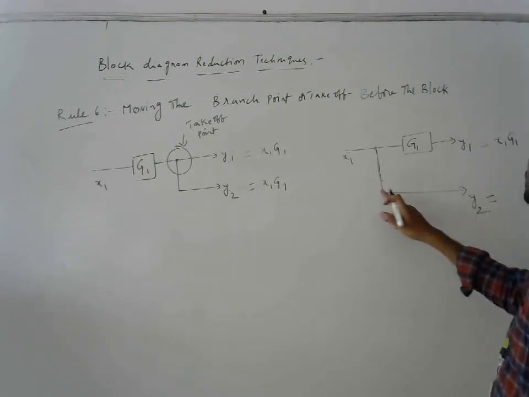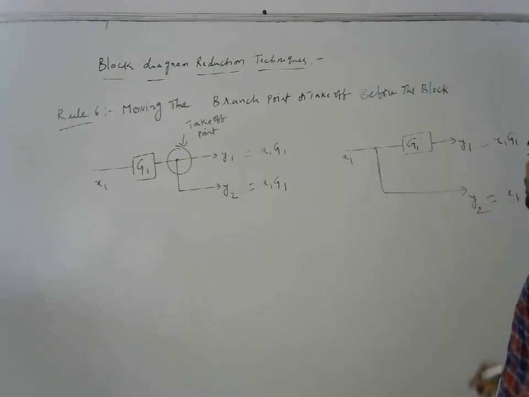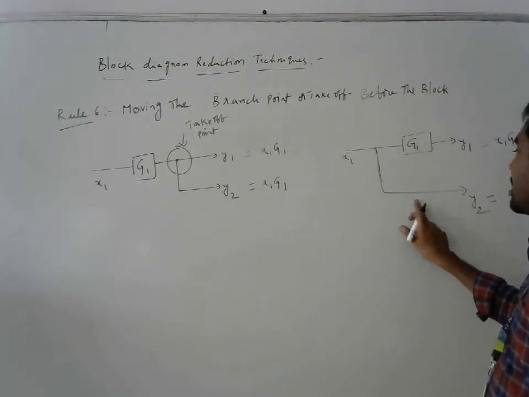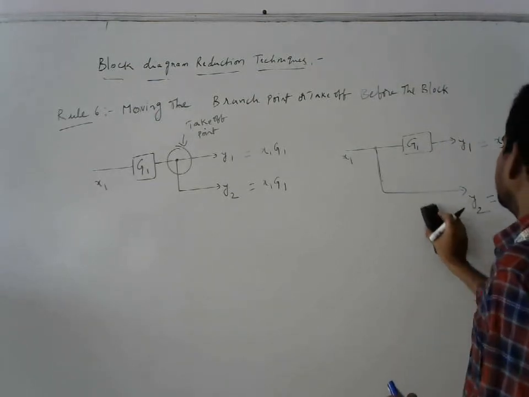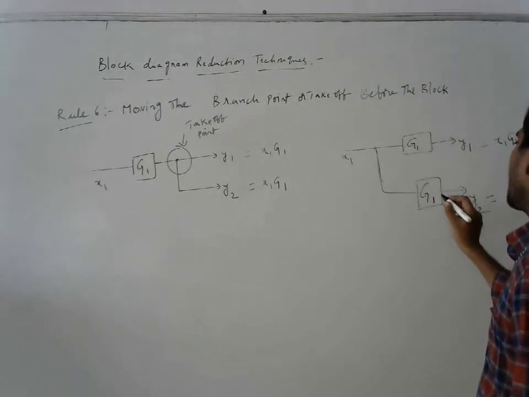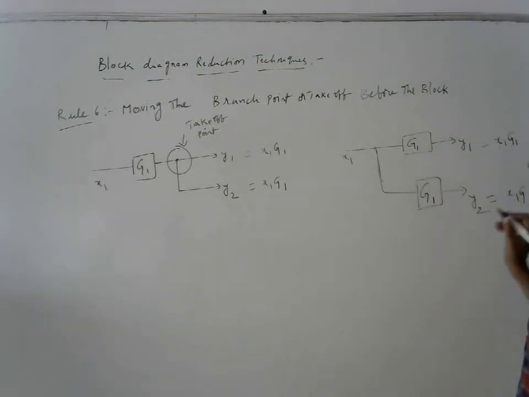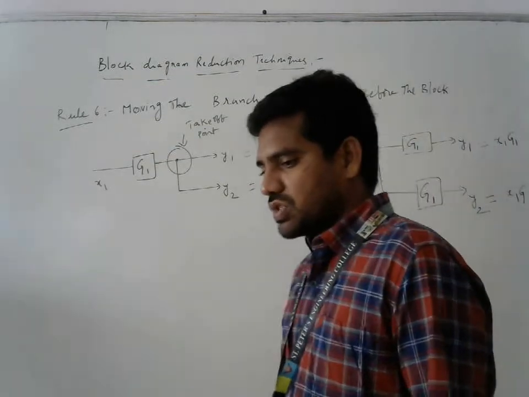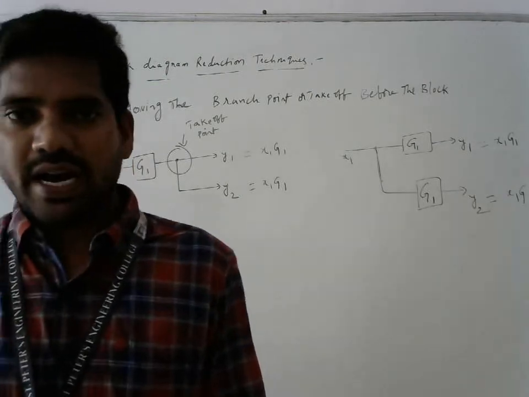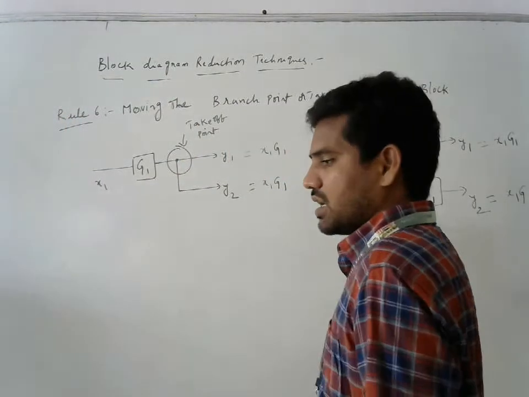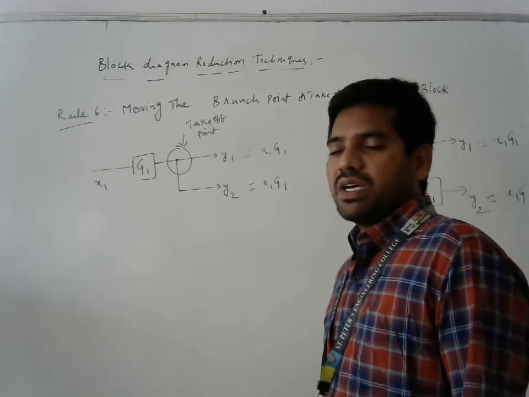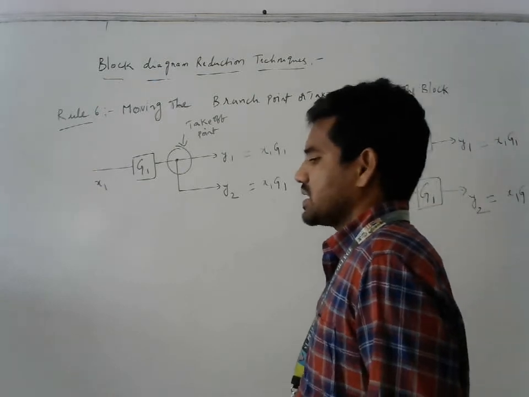But what about y2? y2 is only x1, but it should be x1 into g1, so the y2 term will be multiplied with g1. That means x1 g1. This is the procedure for shifting the takeoff point. One more block is added, multiplying with g1, or 1 by g like that. This is rule number 6.